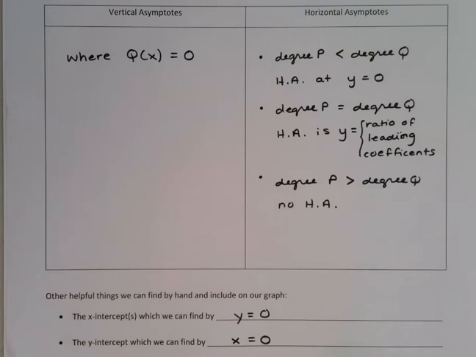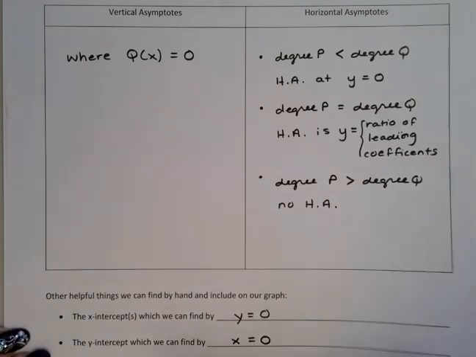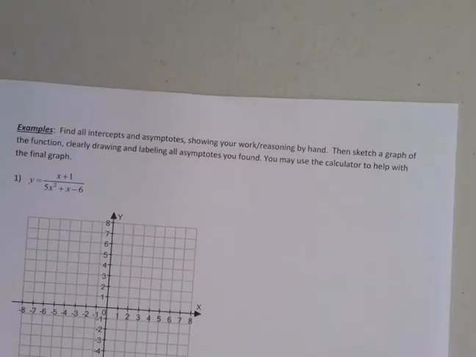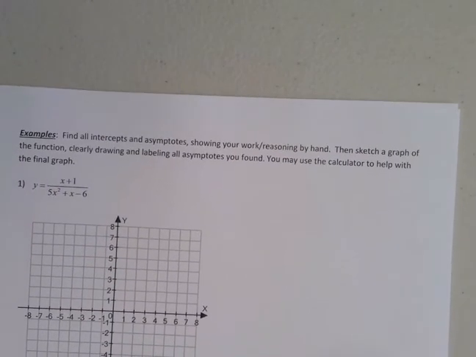These are not guaranteed to exist, but if they exist, we find them using the same techniques that we've used in the past. So let's give this a try. In these next examples, we'll try to locate our asymptotes and then sketch a graph.